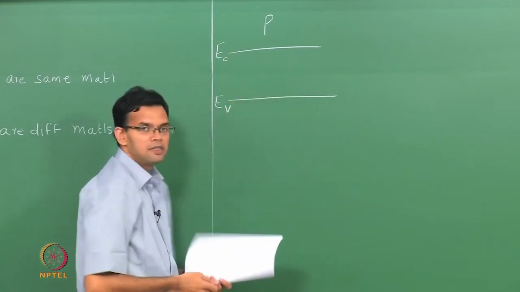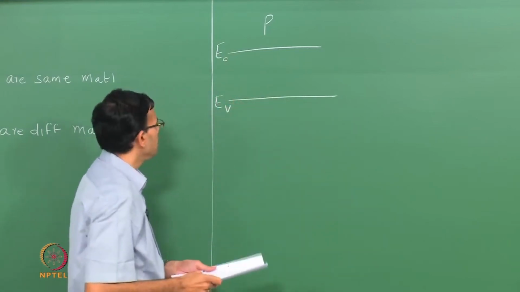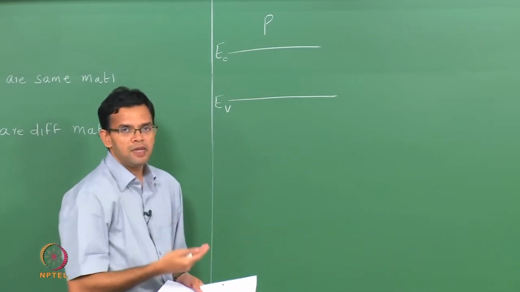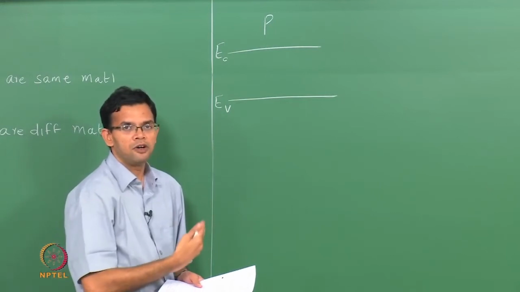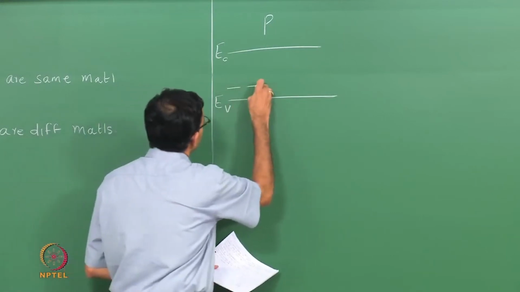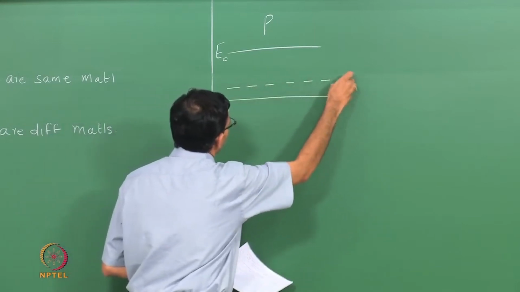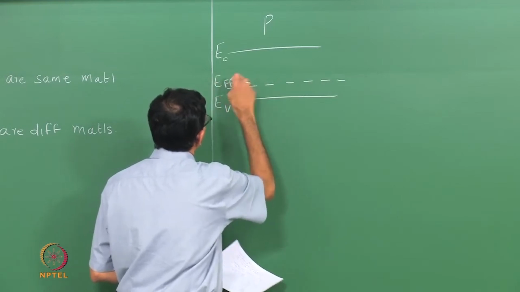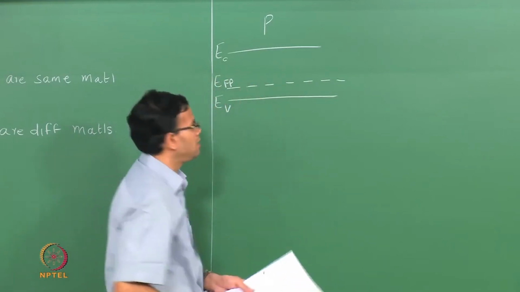So, EC is the bottom of the conduction band, EV is the top of the valence band. The material is p type. So, we know that the Fermi level lies closer to the valence band. So, let me put the Fermi level closer to the valence band and call it EFP. Now, I have n type silicon.